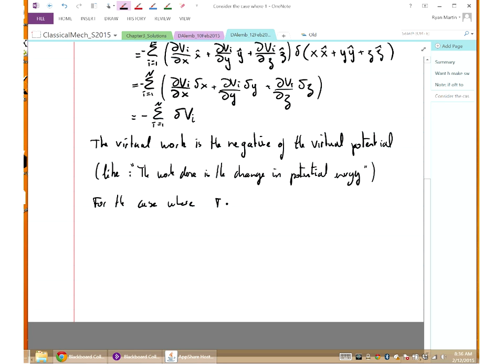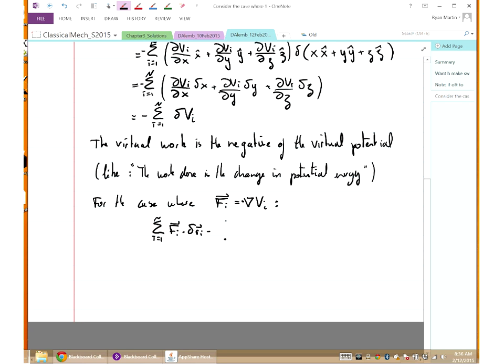So for that specific case, where the applied forces are given by the negative gradient of some potential, we can rewrite D'Alembert's principle.